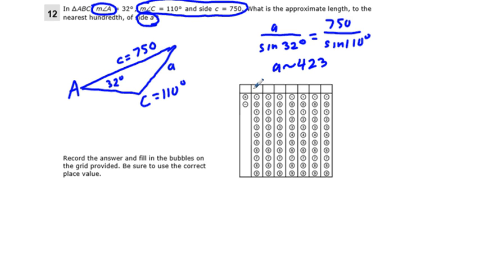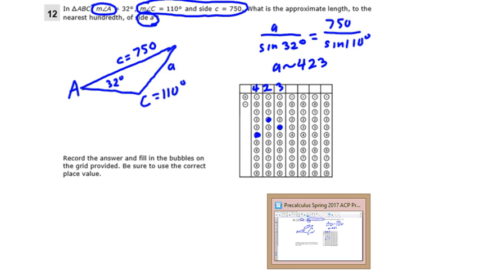So we go ahead and put in 4, 2, 3. Our 4 goes right here, 2 goes here, 3 goes here. So that's it to the nearest foot. But it doesn't say that, does it? It says to the nearest hundredth.